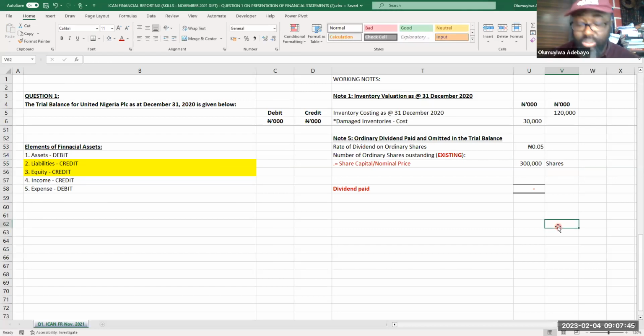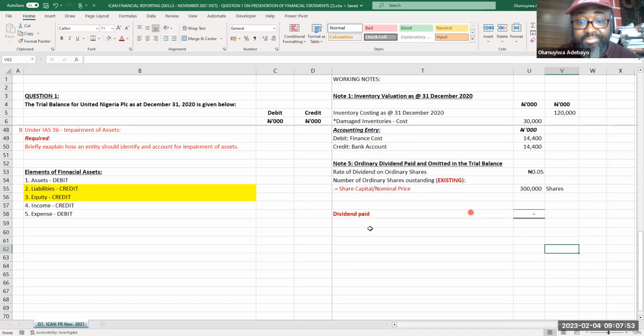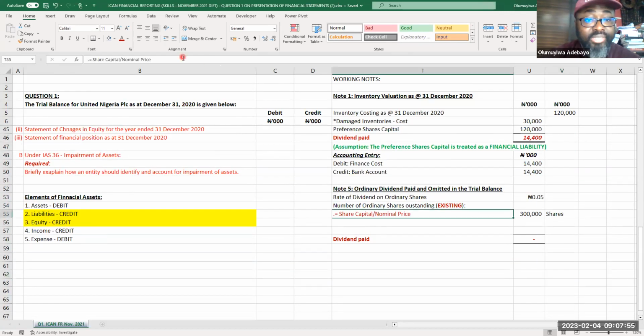Okay, I'm coming back to someone that said he or she needed guidance, or not. Come back to that. Okay, I can also write it here. 150 million divided by 50 kobo. 50 kobo is 0.50.